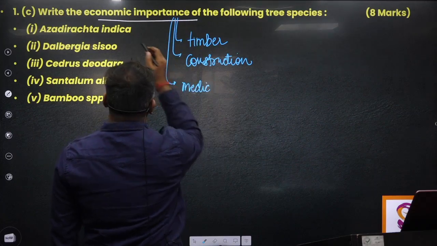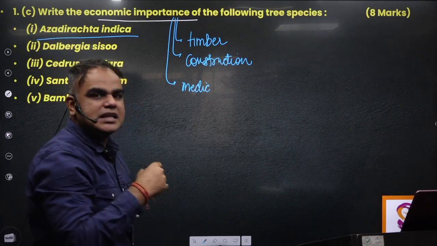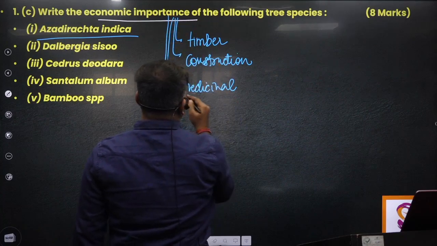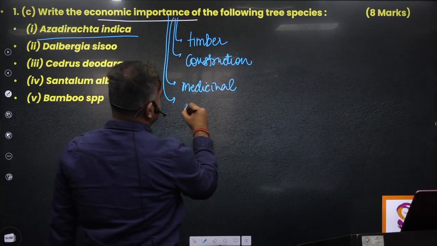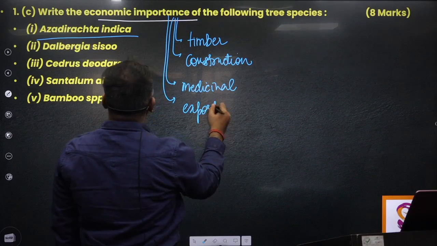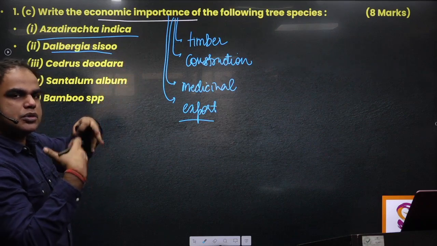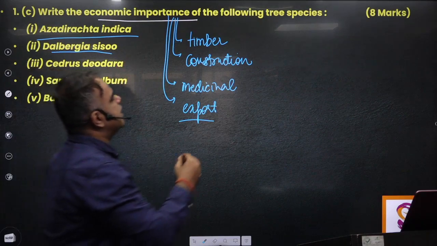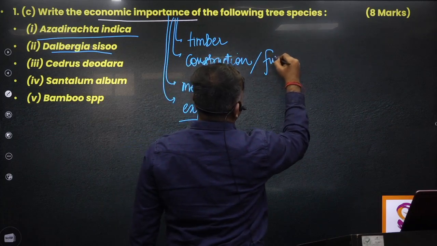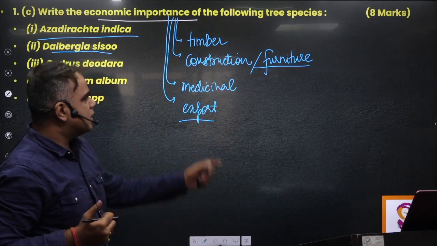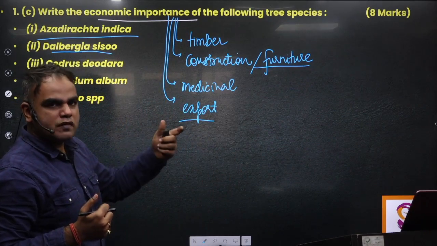For example, Azadirachta indica, that is neem, is being used. There will also be economic importance because of their export value. For example, shisham is Dalbergia sisu, used in construction, though I actually mean the furniture part here. So timber, furniture, medicinal, even export value.